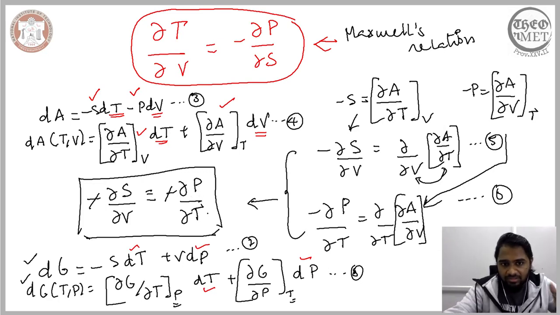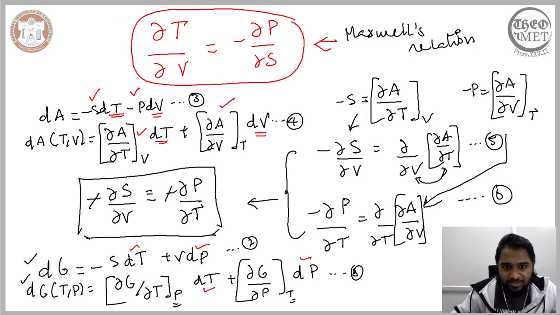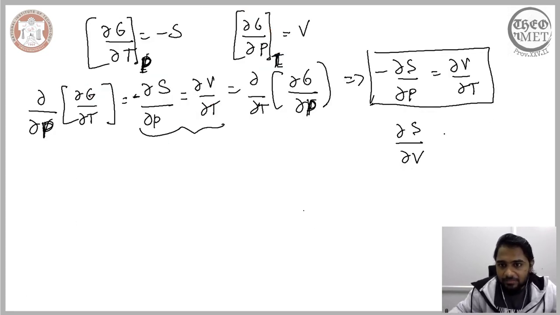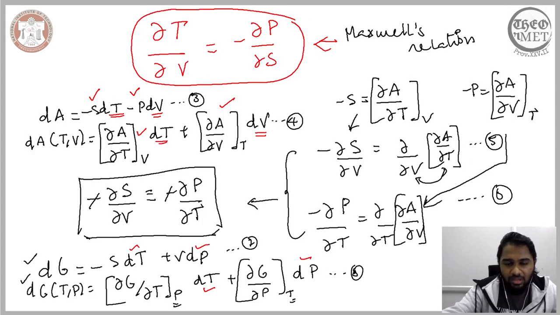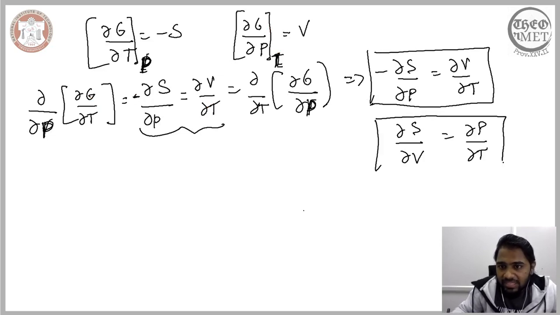So if we rewrite this expression, in the previous expression we saw change in the entropy with respect to volume. Now just rewriting this expression is equivalent to change in the pressure with respect to temperature. So we have arrived at both these expressions, this one from the Helmholtz free energy and this one from the Gibbs free energy.